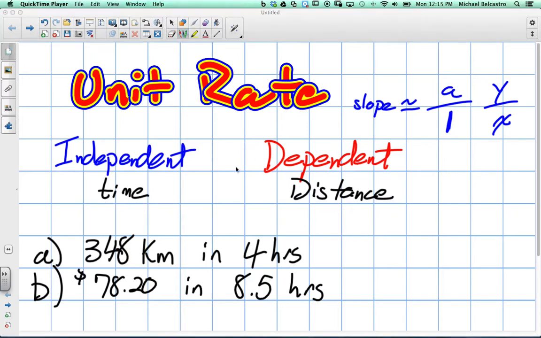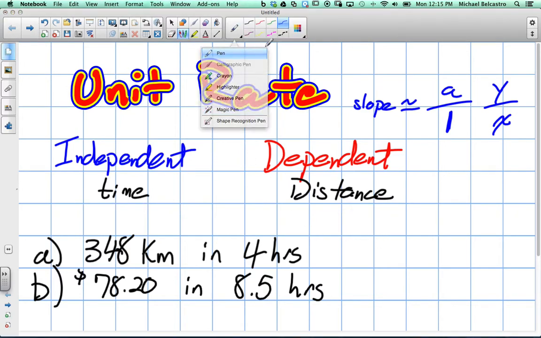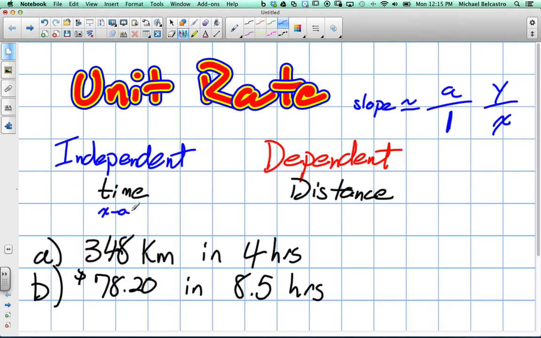So once we figure out what our independent variable is, our independent variable is always the x-axis, while our dependent variable always goes on the y-axis. If we were to graph something, and this is why I say it's similar to slope, because time is independent, that would go on our x-axis.